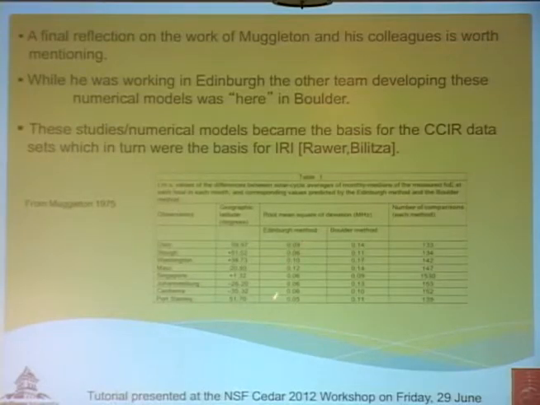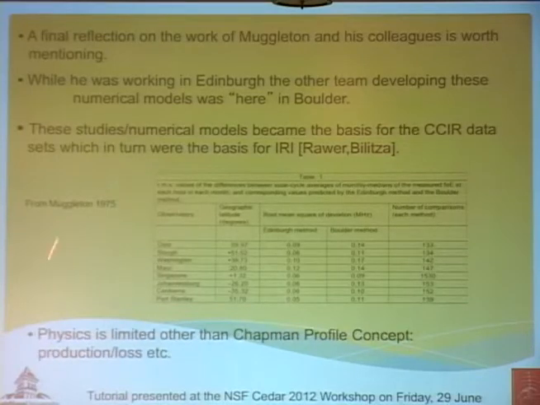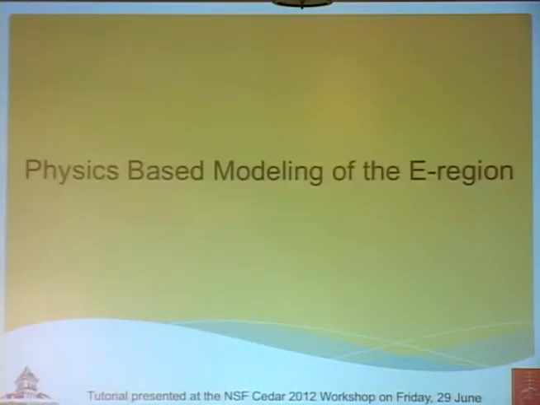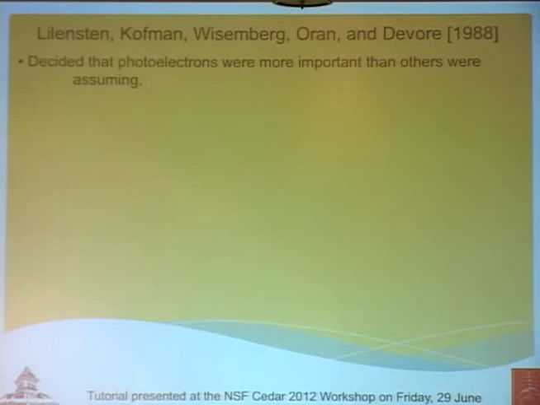But it's quite impressive that they were claiming that globally they were getting to within a tenth, at least, of a megahertz. And for those of you familiar with ionospheres, a tenth of a megahertz is pretty darn good. And yeah, okay, so Rich is shaking his head, and you should. This is good stuff. Okay, the limitations: Chapman profile concept, production and loss implied, but the physics was just this mathematical function. So let's go into some physics modeling.